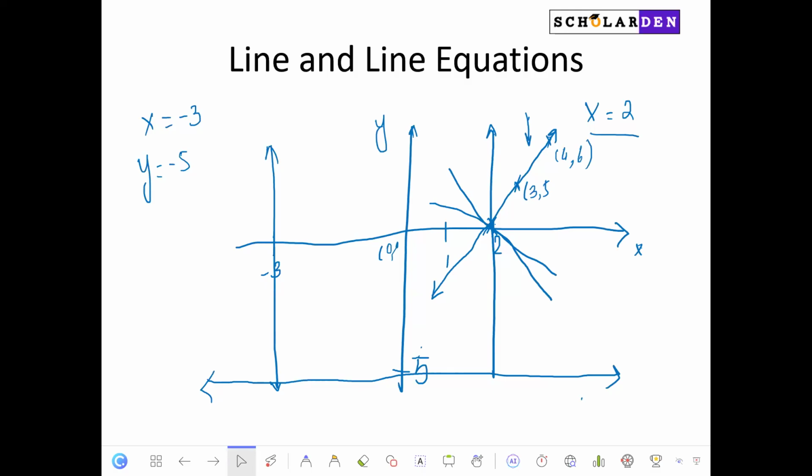This is interesting. Any line which only specifies the y value is drawn parallel to the x-axis, and any line which is drawn with a specific x value is always drawn parallel to the y-axis.